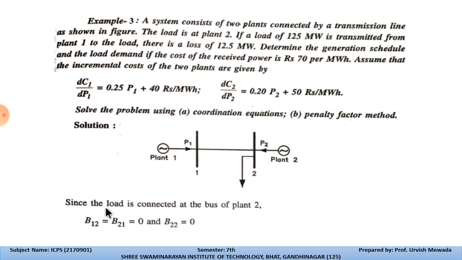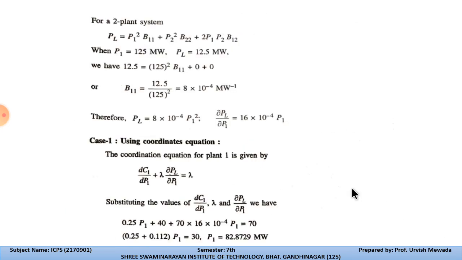So since the load is connected at bus number 2, B12, B21 is equal to 0 and B22 is equal to 0. So we have only considered bus number 1. So for plant number 2, PL is equal to P1 square B11 plus P2 square B22 plus 2 P1 P2 B12. Here P1 is equal to 125, it is given, and PL is equal to 12.5 megawatt, it is also given.